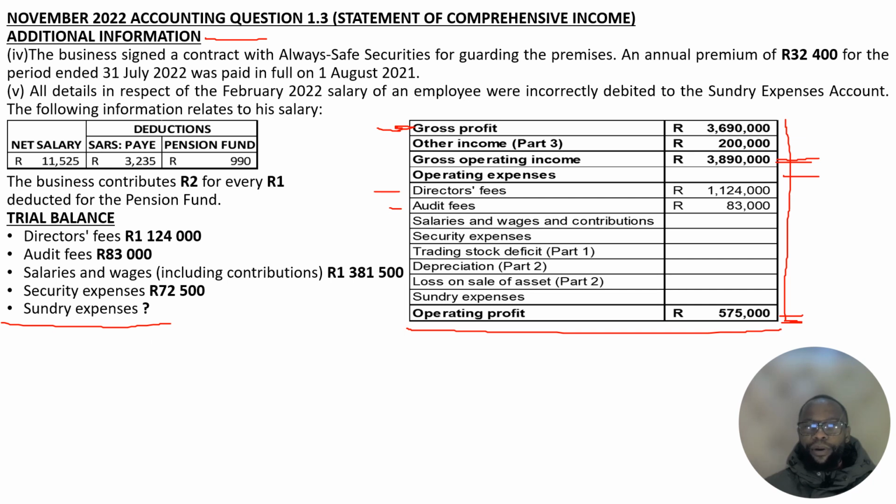This amount was originally 3,890,000, but deducted until it was 575,000. So what were your operating expenses, which were deducted from your gross operating income?